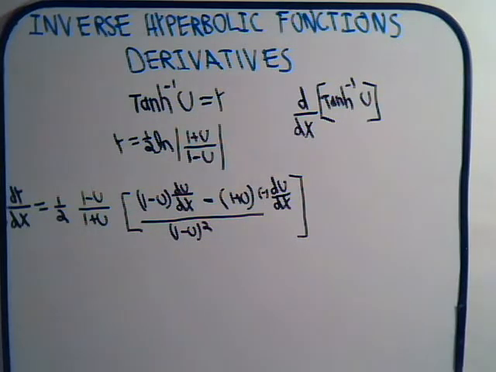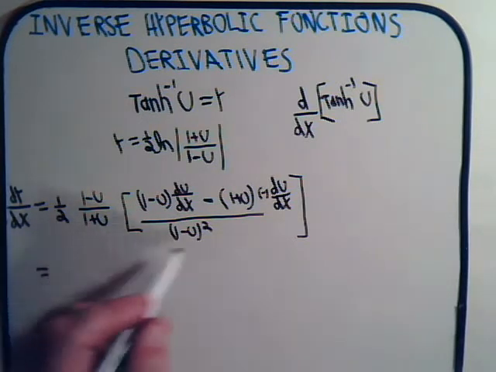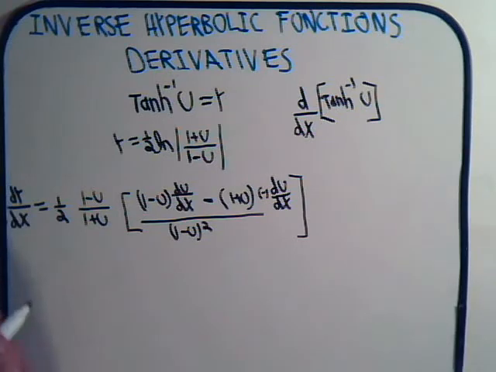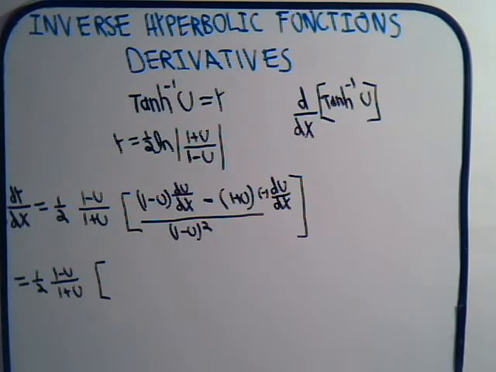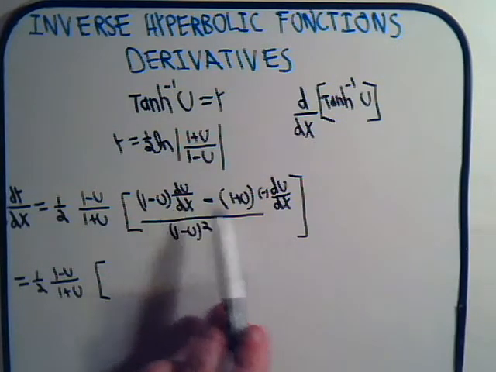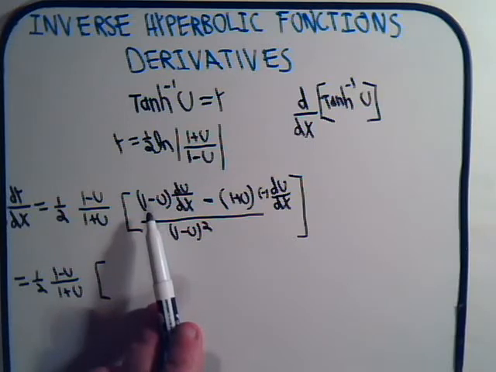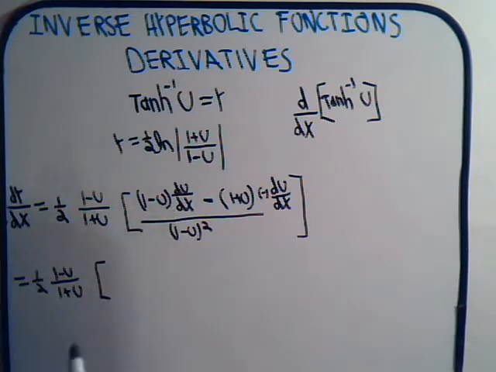Okay, let's see what we have here. Outside here, these two cancel, but we'll leave it as it is for now. We'll just say this simply equals 1/2 times (1 minus u) divided by (1 plus u). And then we're going to factor out this du/dx from here. So this would just be (1 minus u).